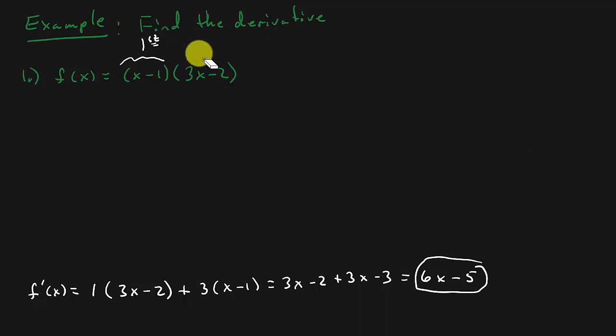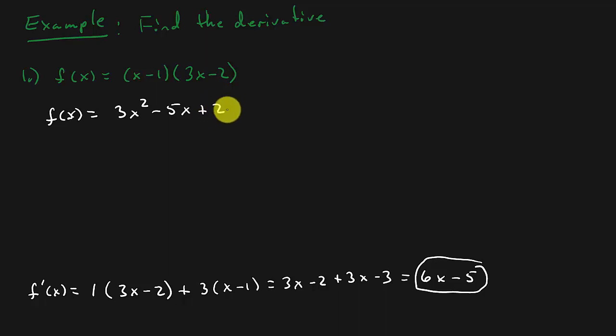Let's take the derivative of this, but not using the product rule. What we could do is rewrite this as f of x equals, now if I FOIL this out, x times 3x is 3x squared, and then we've got outside, which is minus 2x, multiply the inside, minus 3x, so minus 2x plus minus 3x is minus 5x, and then negative 1 times negative 2 is positive 2.